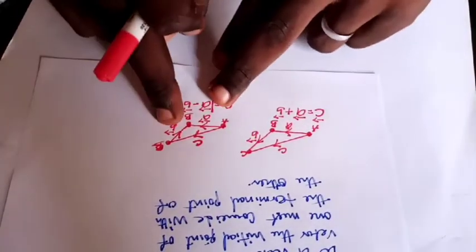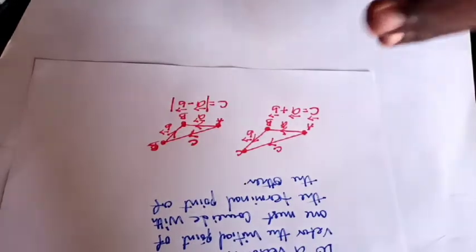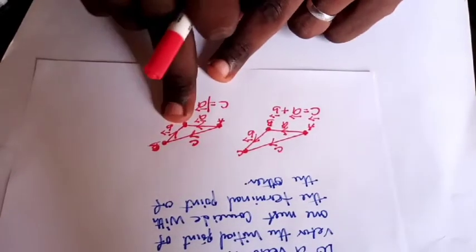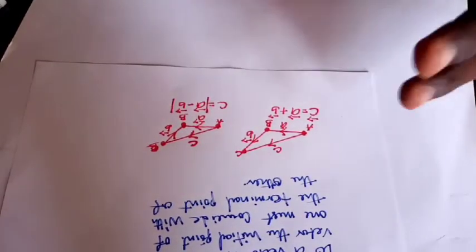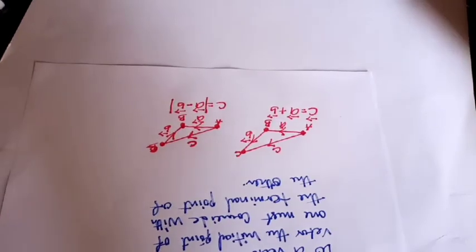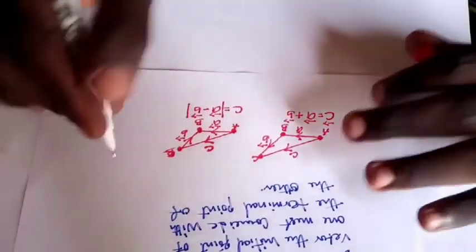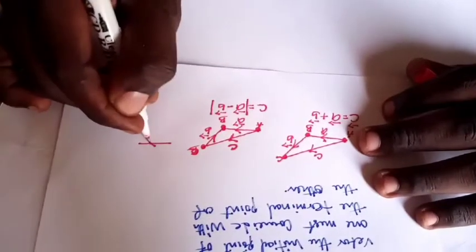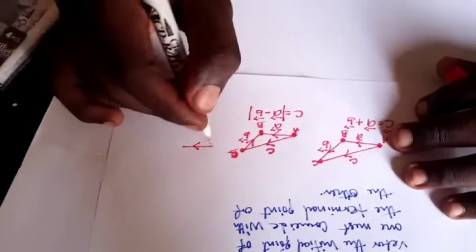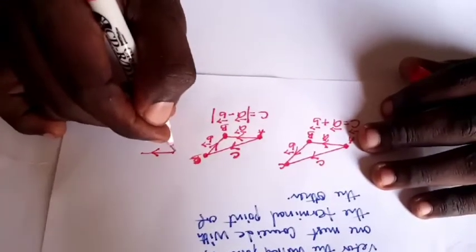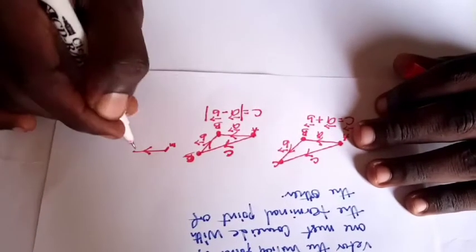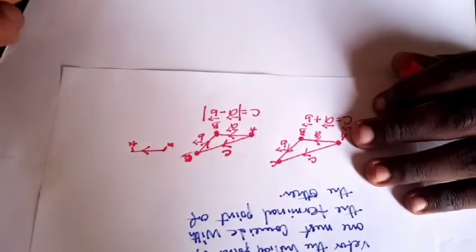But when terminal point and terminal point, or initial point and initial point coincide, it shows that the vectors are facing different directions. Now look, if this is a vector that is facing this direction, you will see that its initial point is this point and its terminal point is this point.